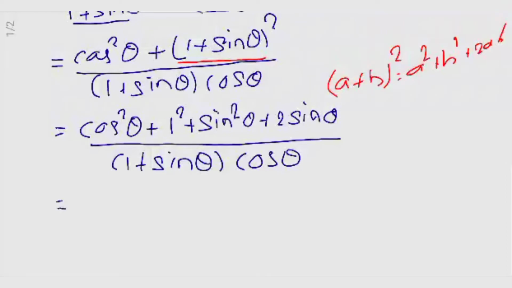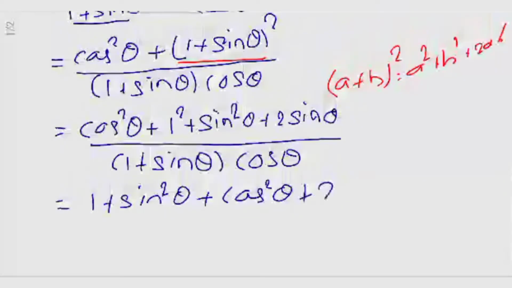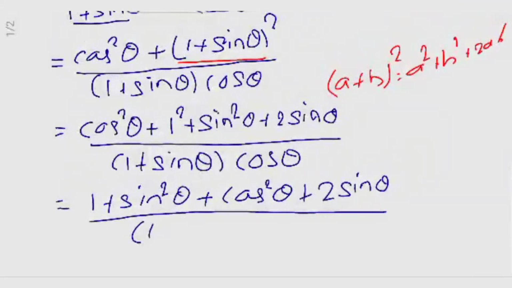So now rewrite this equation. 1 square is 1, so here 1 plus sin square θ as it is plus cos square θ as it is plus 2 sin θ, and this divided by (1 + sin θ) cos θ.